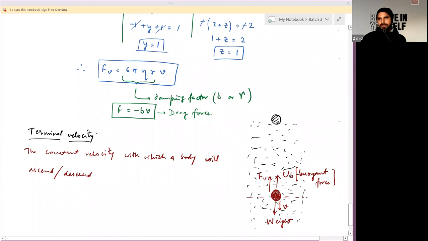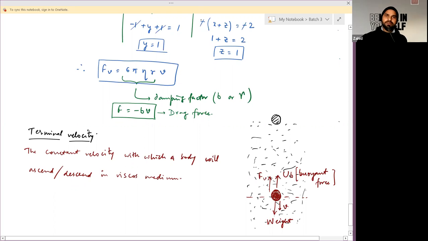It may depend upon the density of the object and the density of the medium, related to which we may define whether the weight is enough to overcome the buoyant force, or the buoyant force is enough to overcome the weight. So it may ascend or descend in a viscous medium.